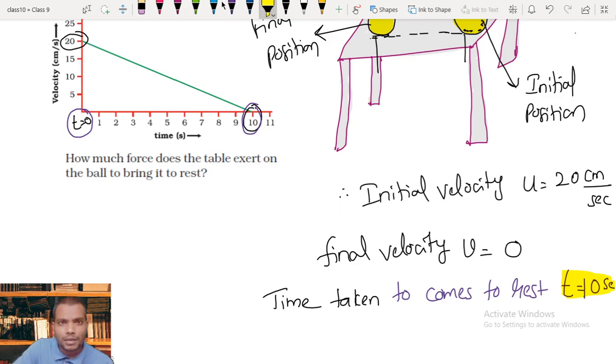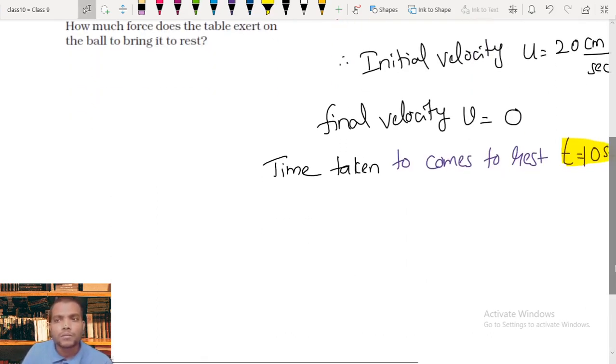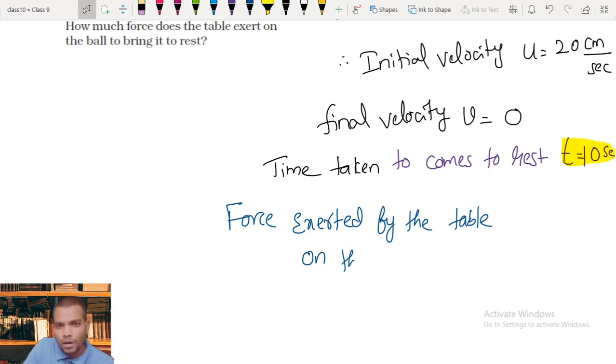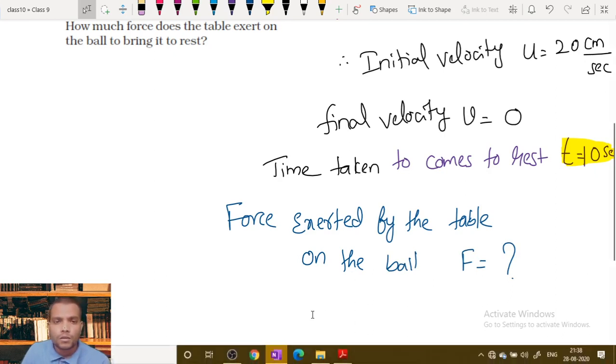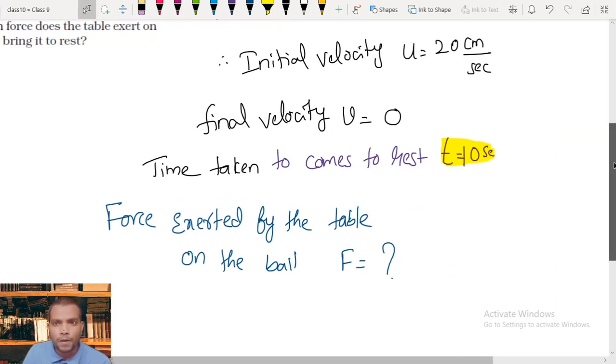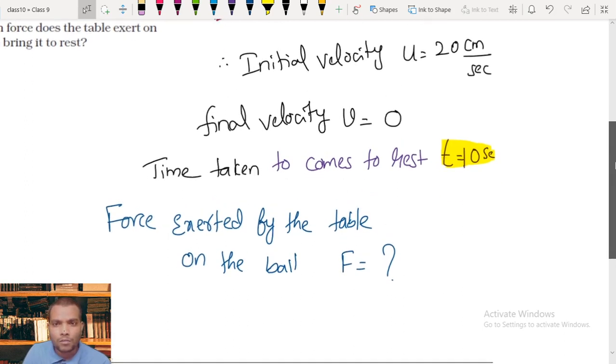Now we need to calculate the force exerted by the table on the ball. So force equals how much? We will use the same formula, F equals ma from Newton's second law.